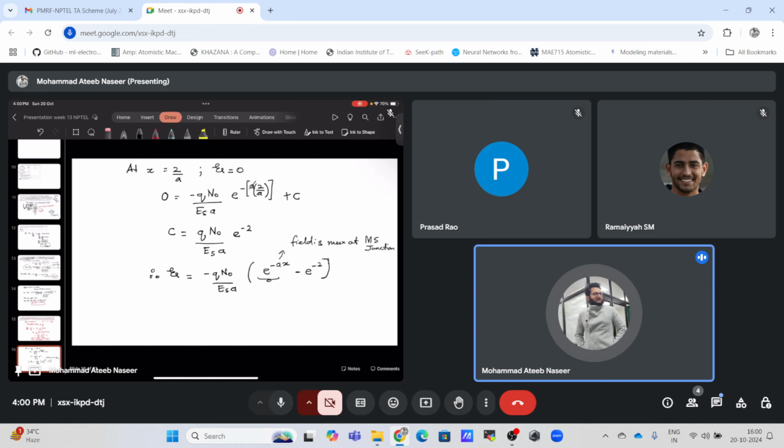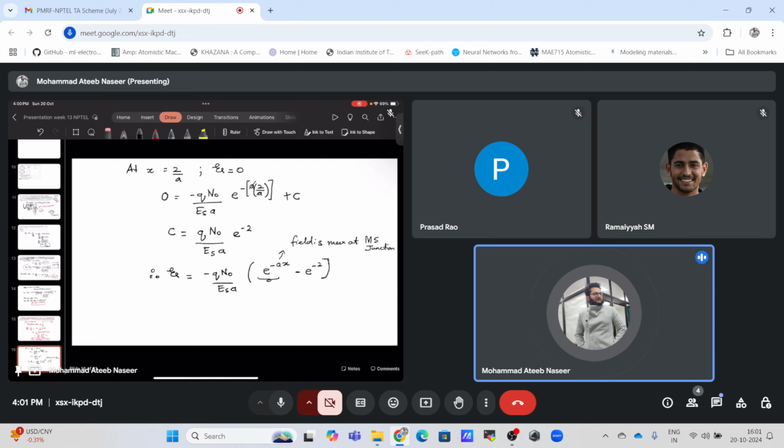So this is a boundary value consistent result. It is consistent with the values that we should obtain for the metal semiconductor junction electric field. This is one check we can always do for any problem.